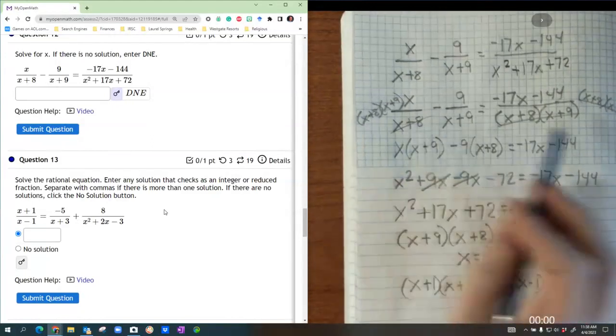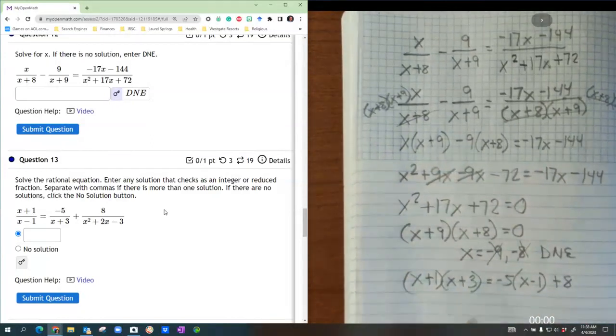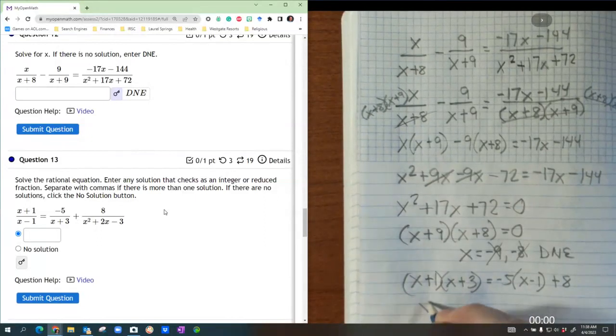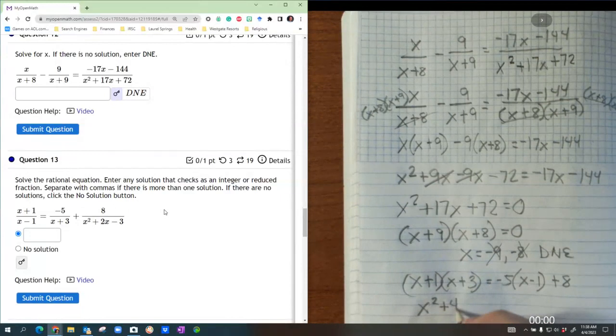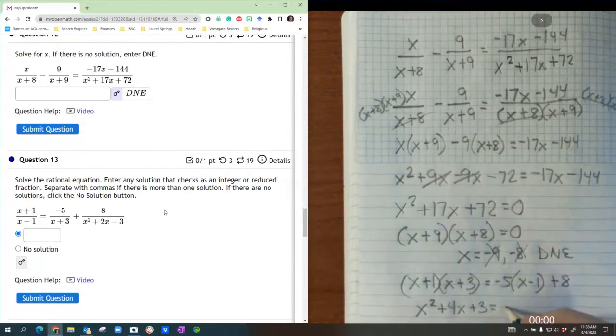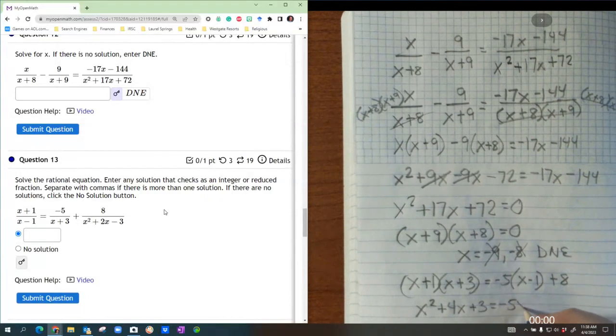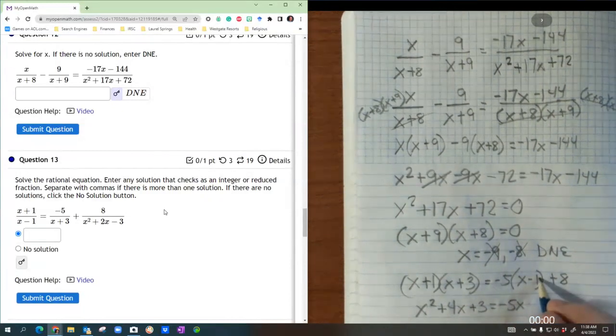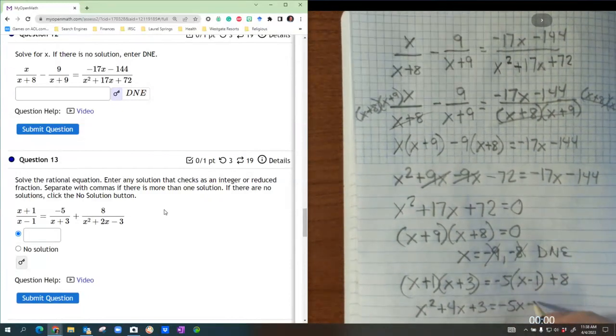I'm not going to write it all down like I did up here. Now I'm just going to do the distributive property, combine like terms, and call it a day. So this is going to be positive 5 added to 8, which is 13.